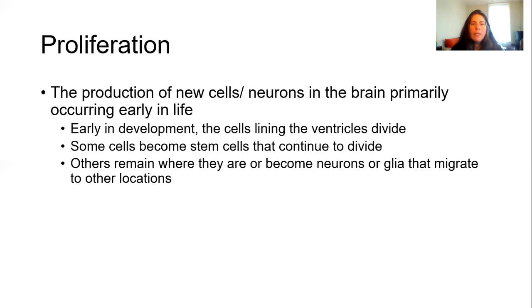So early on in development, there are cells that are lining the ventricles and they divide. And some cells become stem cells that continue to divide. And others become neurons and glial that are going to then migrate to other locations.